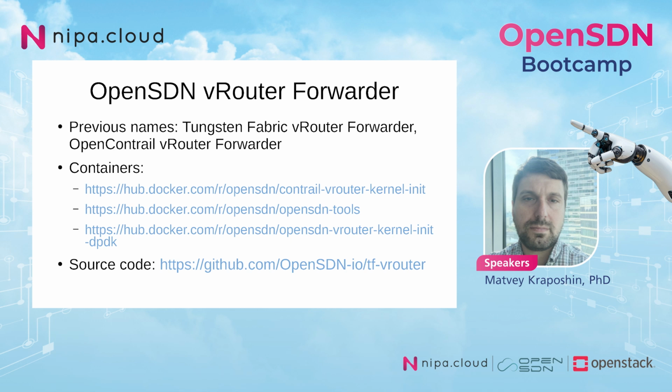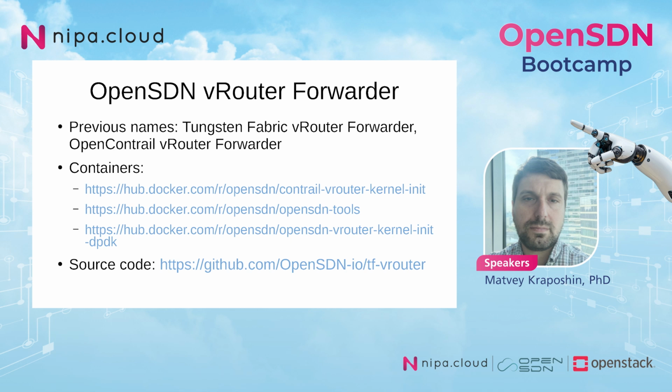There is a container OpenSDN tools, which contains applications to modify the state of the vRouter forwarder. And there is a container OpenSDN vRouter kernel init dpdk, which is used to load the DPDK version of the vRouter forwarder. We will talk about the difference between kernel and DPDK versions later.